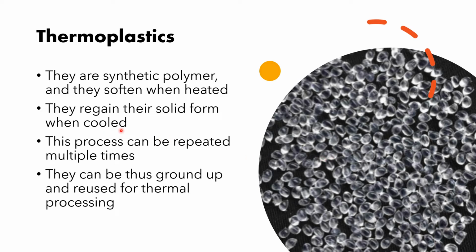Meaning if you cool it down, it's going to get back to the solid form. That process of heating, cooling down, and taking shape back can happen many times. So you can grind them up and then reuse them after heating up. This is just thermal processing: heat, then cool it down, heat, and then cool it down.